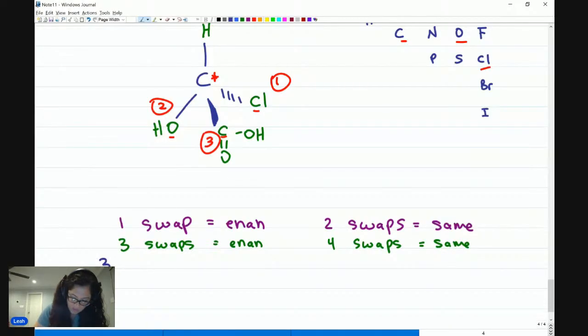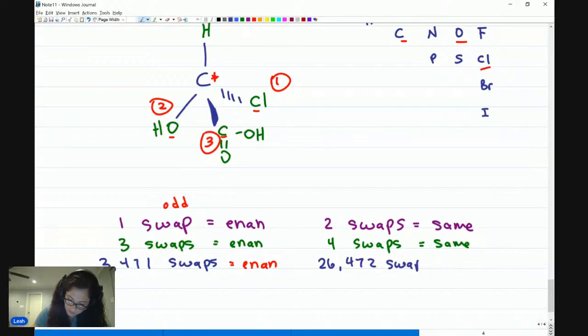If I do 3,471 swaps, what do you think is going to happen? Well, these are all odd number of swaps. I should wind up with an enantiomer. If I do 26,472 swaps, I should wind up with something that is exactly the same.